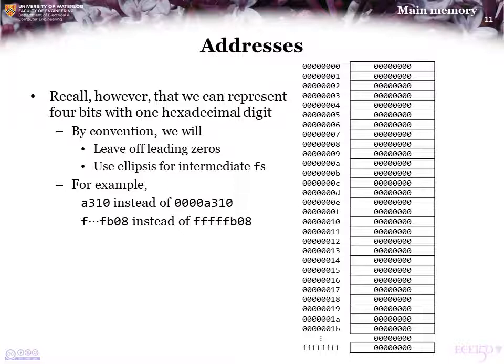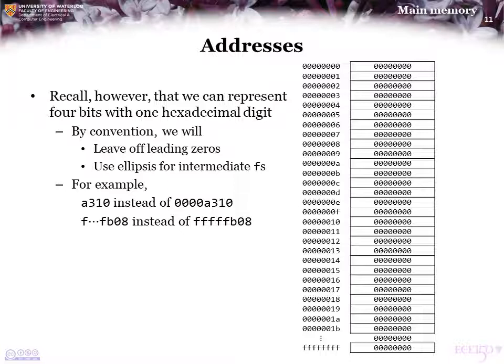And here we see how we would represent FFFFFB08. And in this case, we see that it's a 32-bit system, and so it doesn't take much to figure out how many missing hexadecimal digits there are.